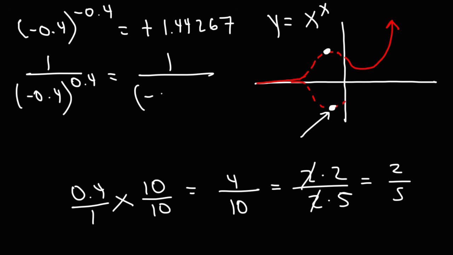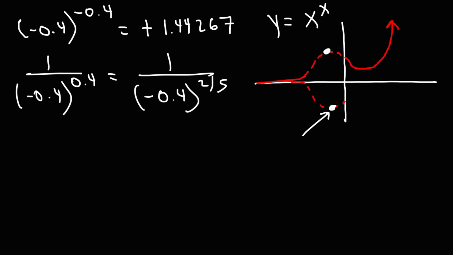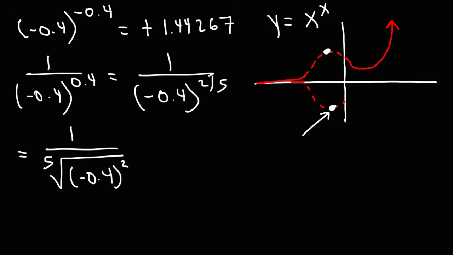So we can write this as negative 0.4 raised to the 2 over 5. Now let's convert the fractional exponent into a radical. So this is going to be the fifth root of negative 0.4 squared. Now, the square is going to make the negative 0.4 value positive. Negative 0.4 squared, we can write this as a fraction, is 4 over 25, which is 0.16.